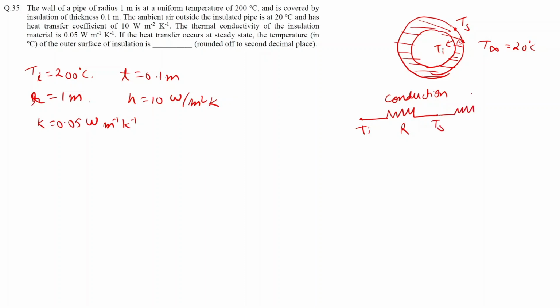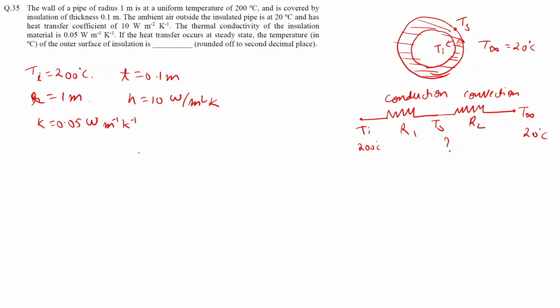Then again we will be having convection resistance, let's call it R2, and ultimately finally we'll be having T infinity. So Ti is 200 degrees Celsius, Ts we have to find, and T infinity we have been given as 20 degrees Celsius.